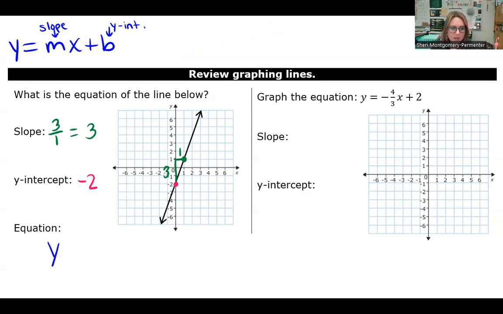So we can write y is equal to my slope, which is 3x, minus 2.